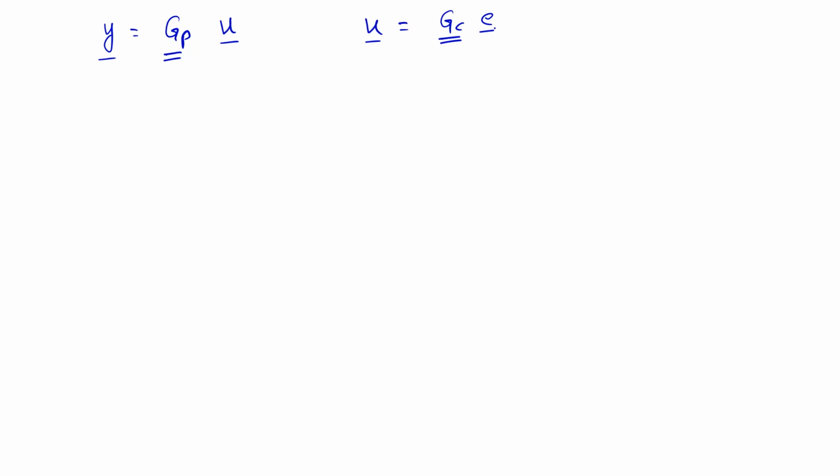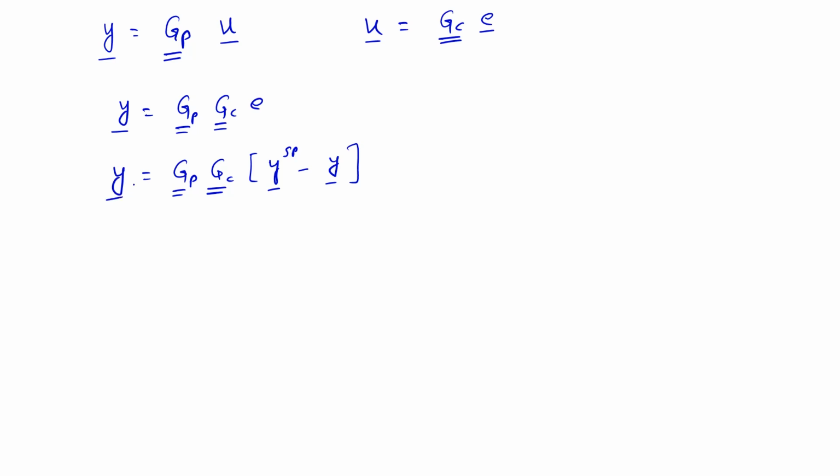If I substitute this into the previous equation, y is equal to gp times gc times e, and this is matrix multiplication, so order matters. And e can be replaced by the vector y set point minus the vector y.